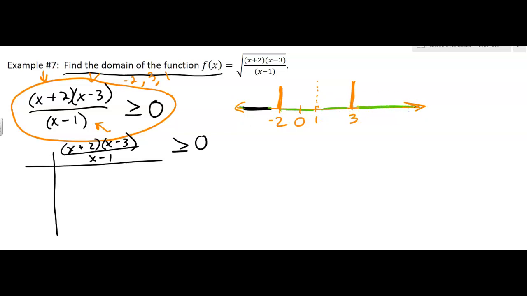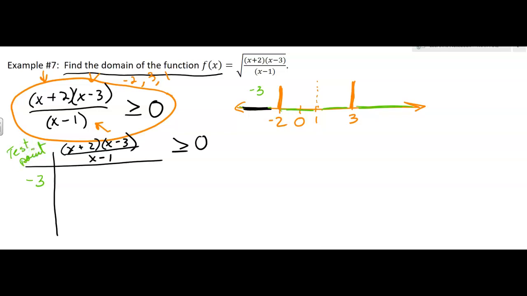By picking a point in each section, I can determine if it's true or false, and then I'll know whether to include that section. I only need 1 point in each section. So I usually tell students, think of a number less than -2. They almost always say -3, but you can be more creative. So I'm going to be plugging in -3. This would be called a test point. It's testing that part of the graph.